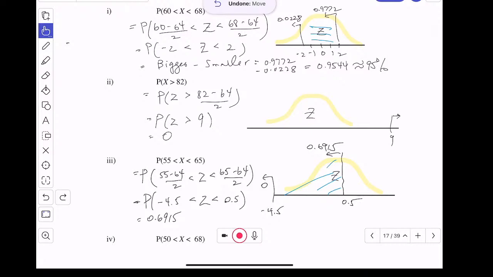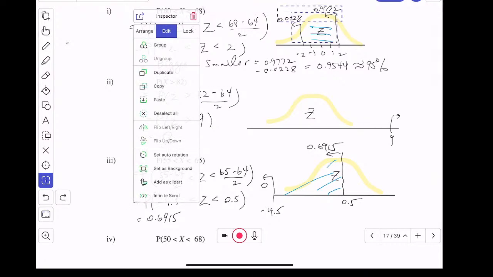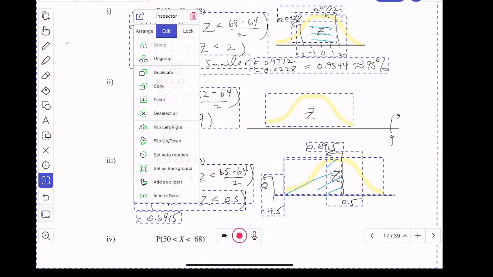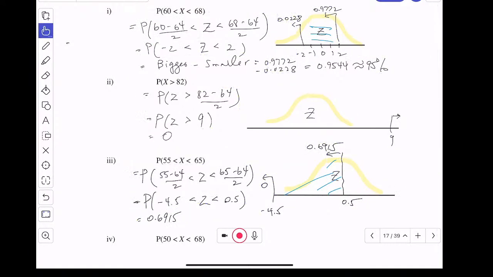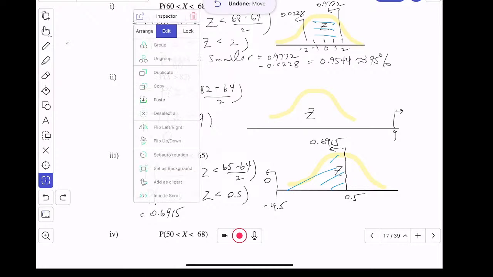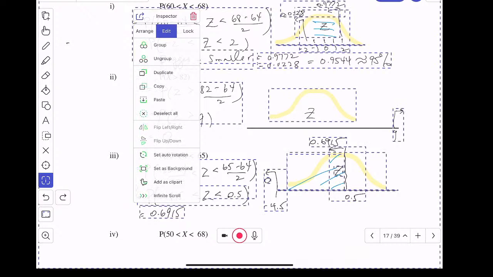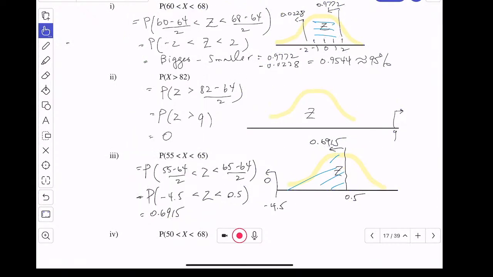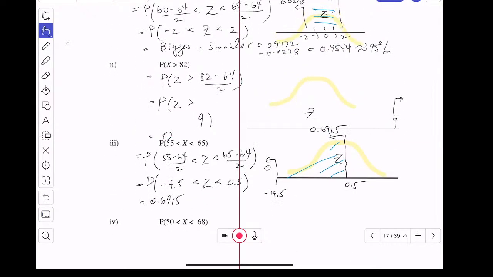These things are not attached. I'm gonna lose stuff.